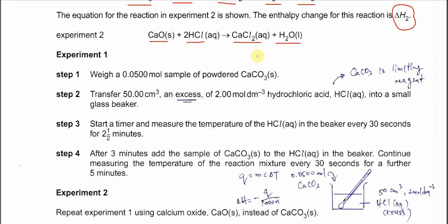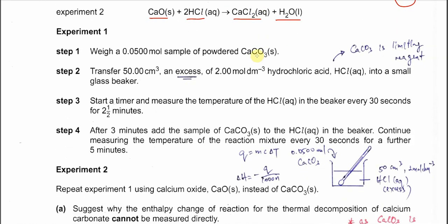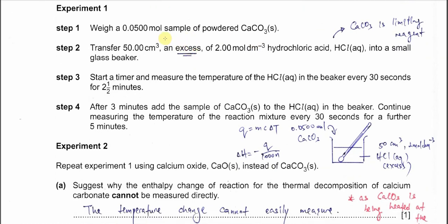Let's go through the steps. For experiment 1, step 1, weigh a 0.05 mole sample of calcium carbonate solid, and after that transfer 50 cm cube of excess 2.0 mole per dm cube hydrochloric acid into a small glass beaker.